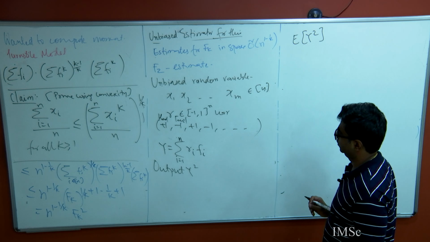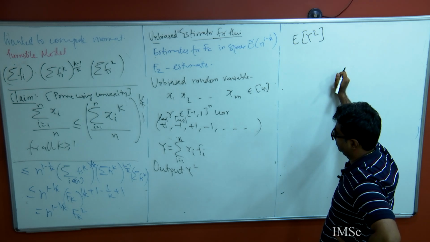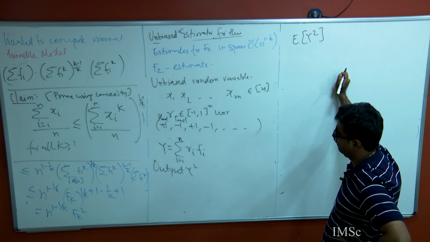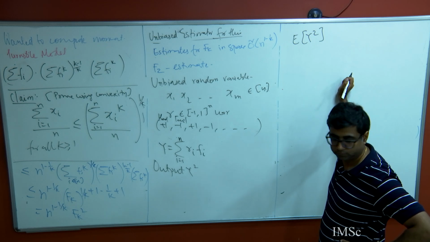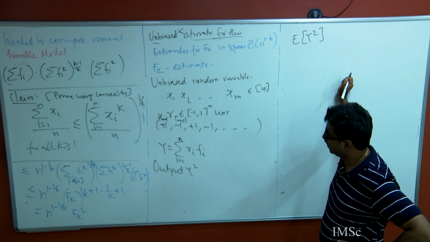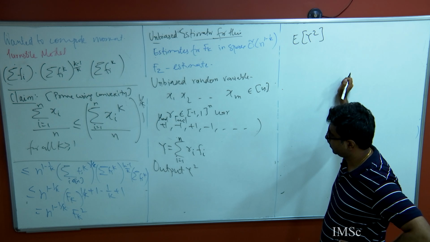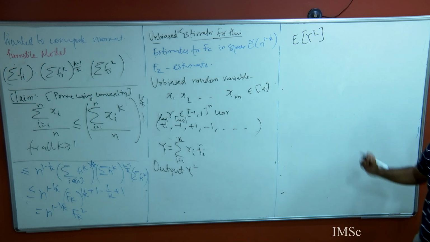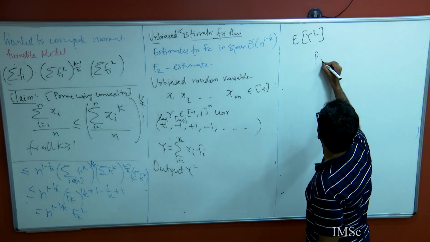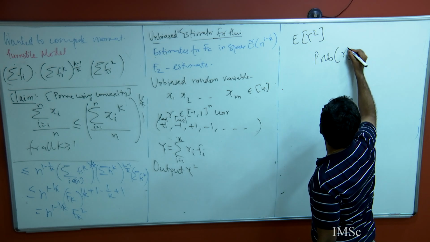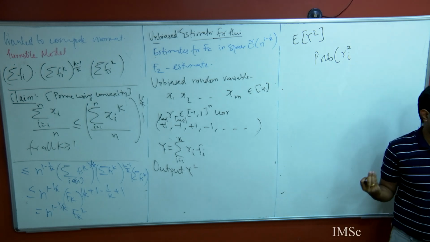What are the possible values Y squared could take? What are the possible values Ri squared will take?